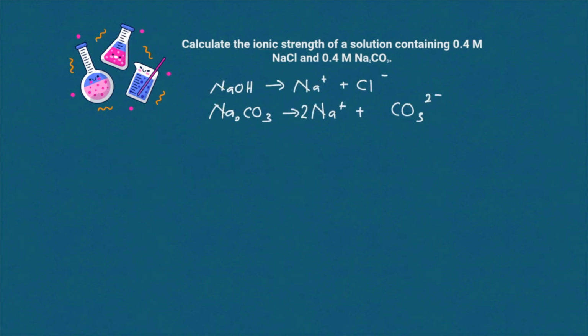Alright, in order for you to calculate the ionic strength, you need to use this formula. The ionic strength is equivalent to half times the summation of the concentration and also the charge squared.